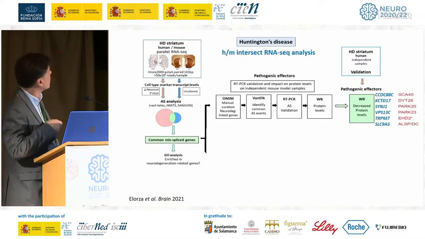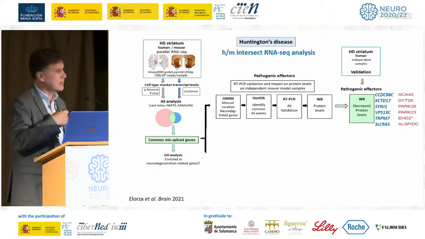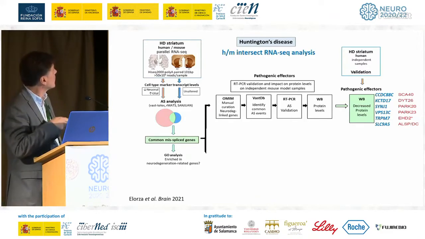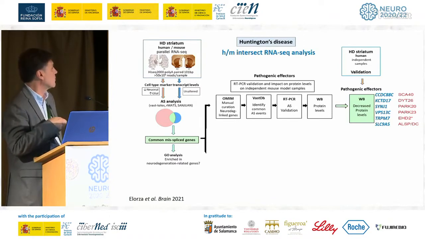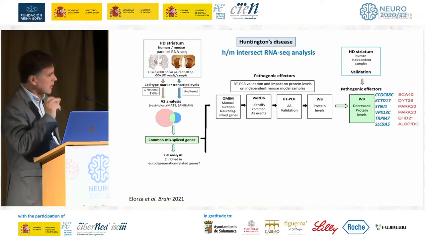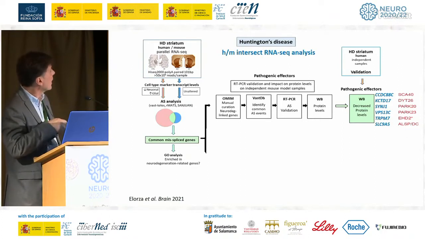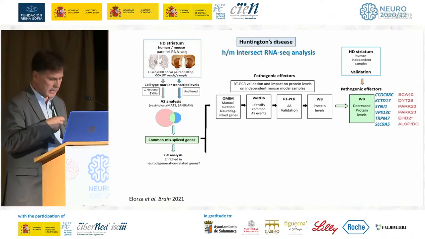So then we follow this workflow with the data mining, screening with basis of Mendelian diseases, and to identify the common event in both species, RT-PCR validation and Western blot analysis.